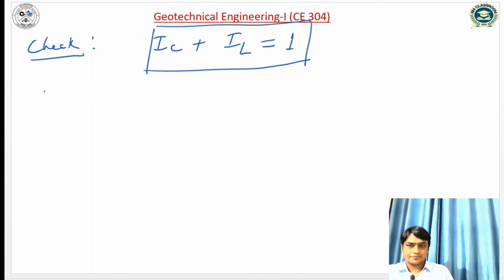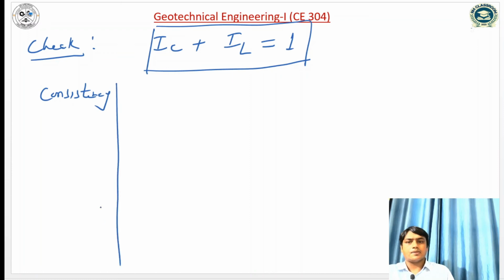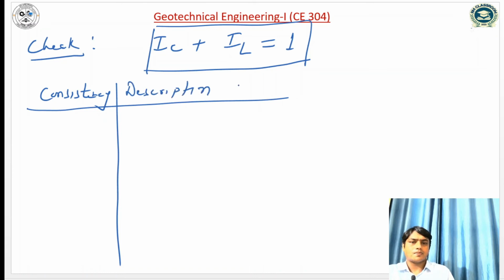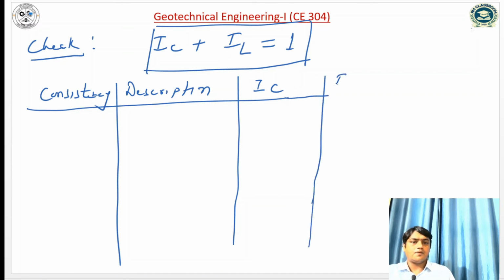Like if I make a table: consistency, description, the value of consistency index, and the value of liquidity index.